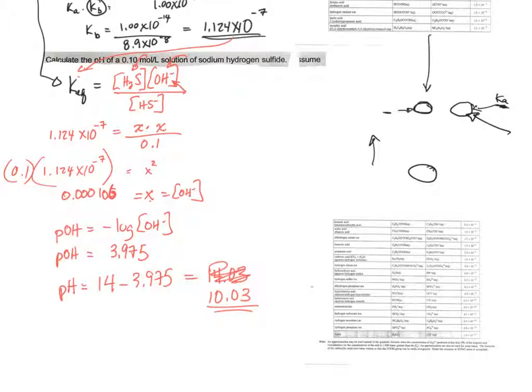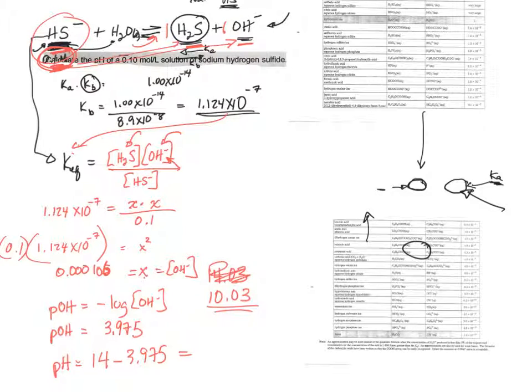Hopefully that helps you with that question. It's a tough one because you have to maneuver through knowing what a Ka is of the solution. Where'd my bisulfite ion go? Right there. So knowing that that's a Ka, and because I'm using this thing as a base, I need a Kb value.